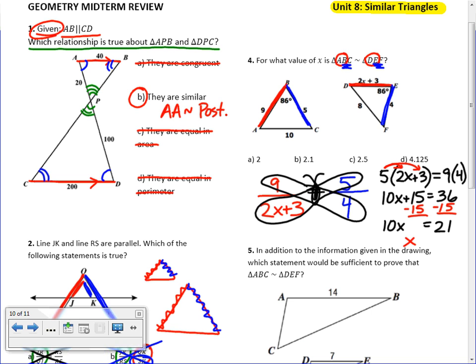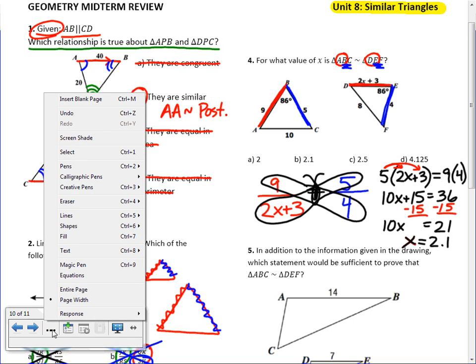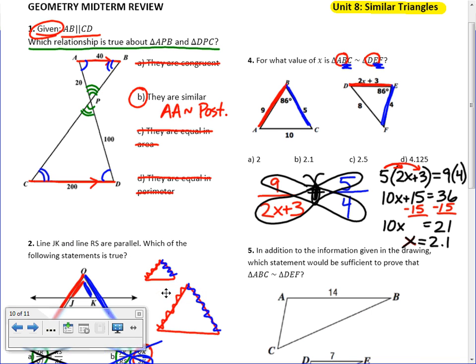And hey, that's kind of nice because I can divide through by 10 and just get 2.1. That's just moving the decimal to the left once. So do I have 2.1 in my answer choices? You know it, sitting right there. Matches my answer choice. Therefore, the answer to this one is B.